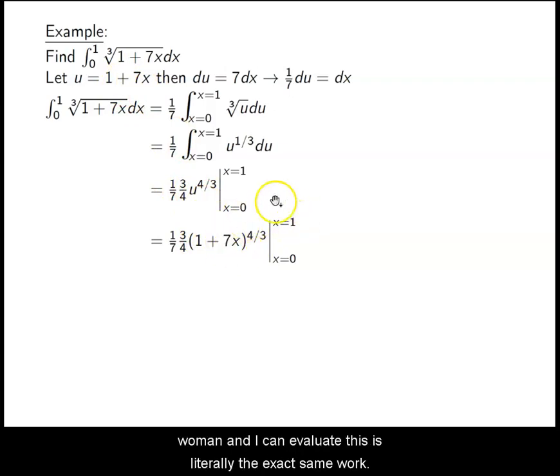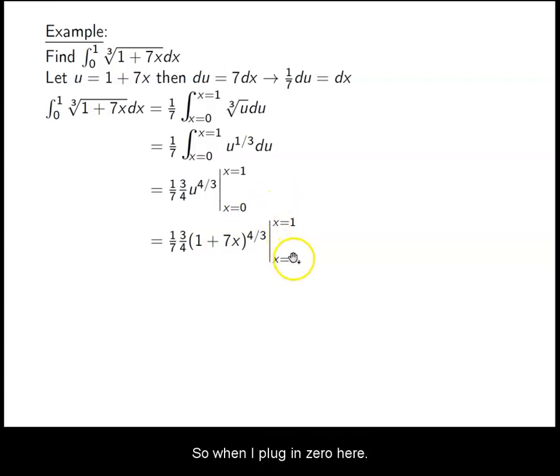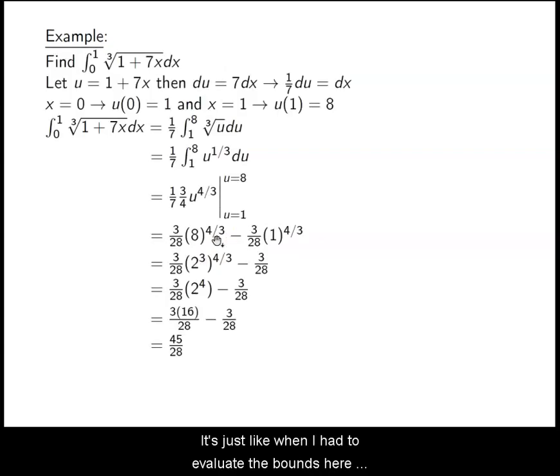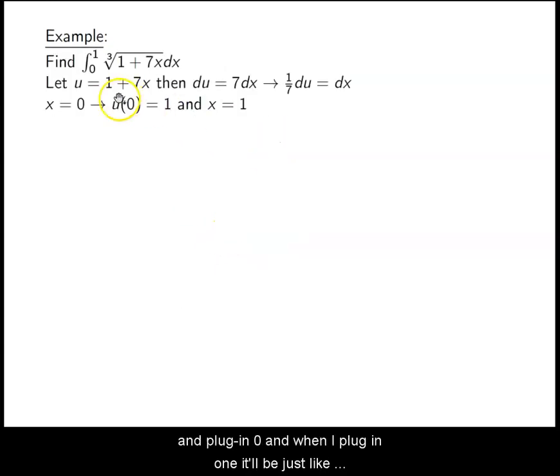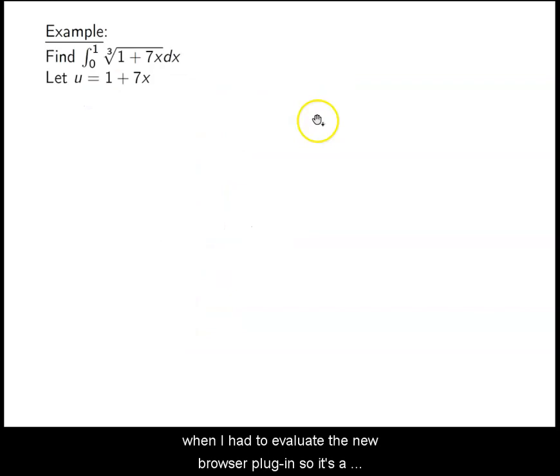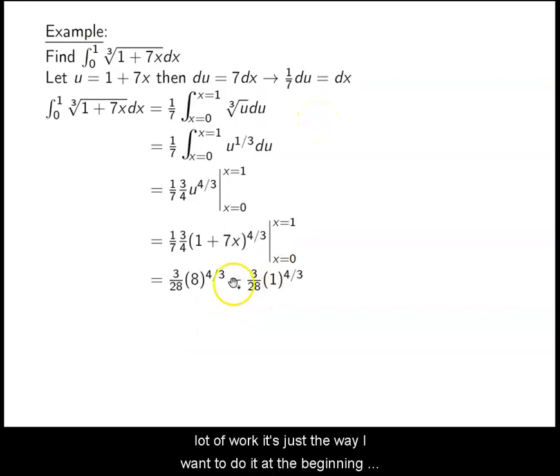Now I can evaluate this at 1, and I can evaluate this at 0. It's literally the exact same work, right? When I plug in 0 here, it's just like when I had to evaluate the bounds and plug in 0. And when I plug in 1, it'll be just like when I had to evaluate the new bounds and plug in 8. So it's the same amount of work. It's just, do I want to do it at the beginning or at the end?